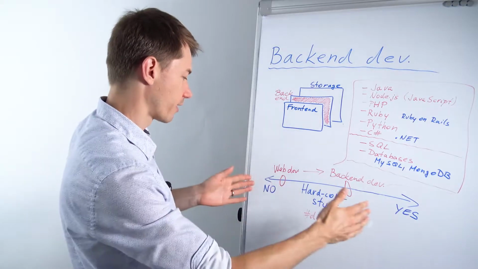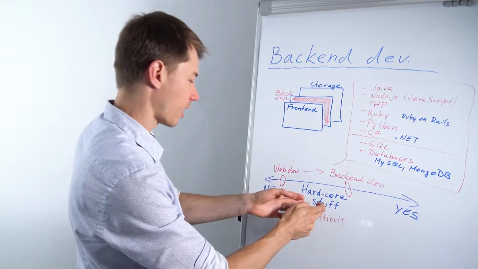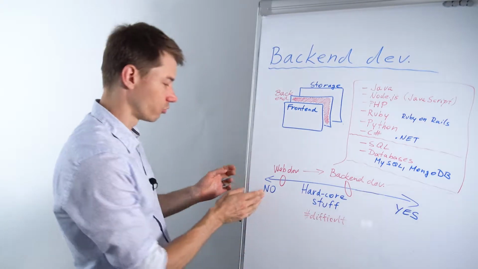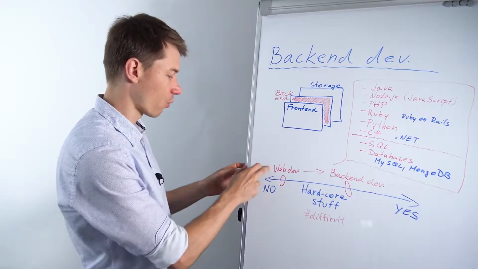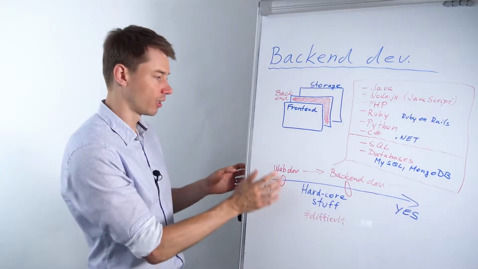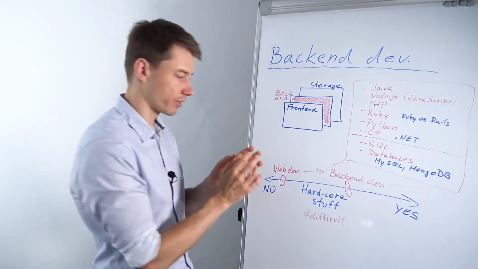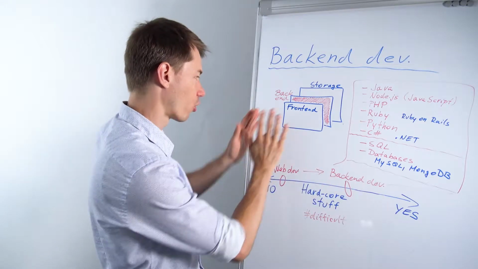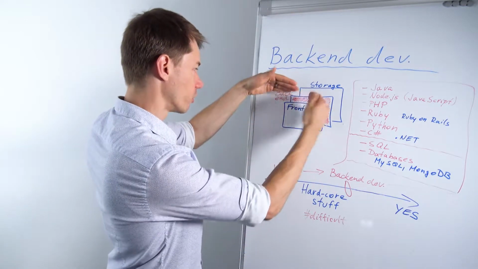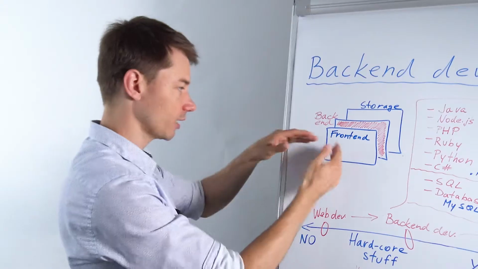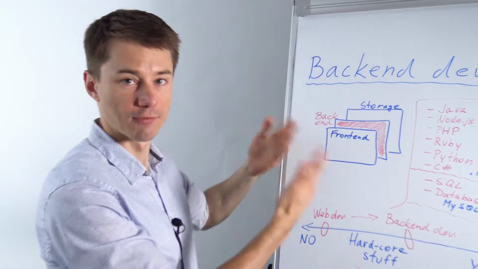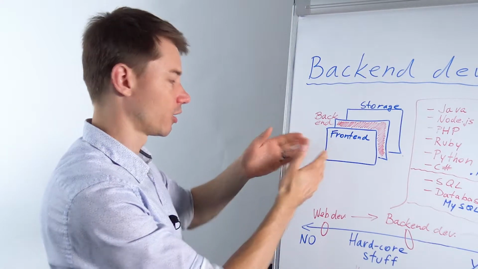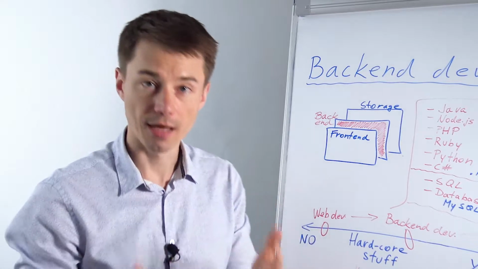Someone who can really integrate these different systems and launch a website relatively quickly and easily. Looking at the scale, we have something hardcore and something not difficult at all. A web developer is somewhere here, integrating things here and there. But who is really a backend developer? Someone who specializes in one area, not front end. A front-end developer focuses on front end; we talk about them in another video.